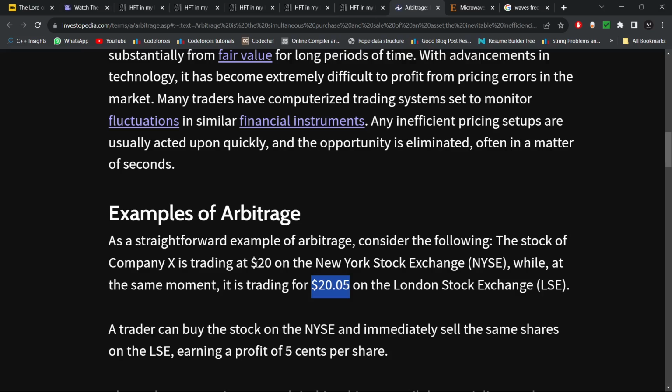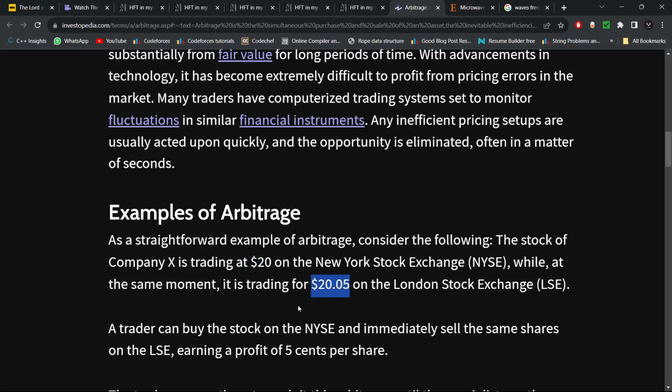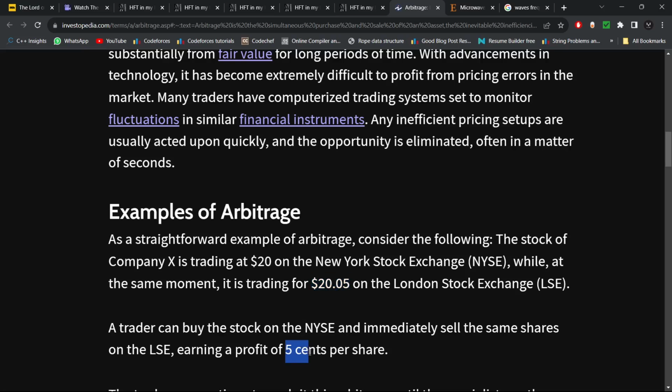So a trader can quickly buy the stock at $20 on NYSE and sell it on the London Stock Exchange, right? Per share, he will make 5 cents of profit. So this is what arbitrage basically is.